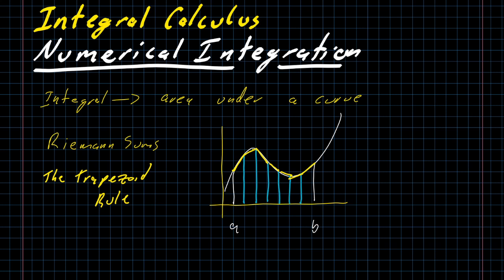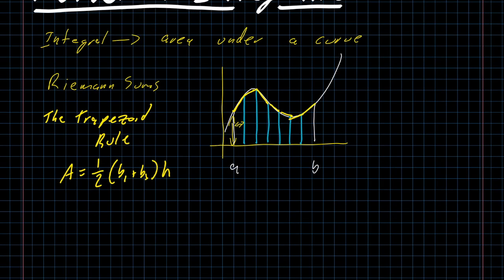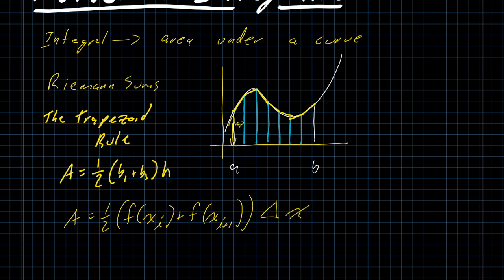And the area of a trapezoid is 1/2 b1 plus b2 times h, where in this case h is going to be measured that way, and b1 and b2 are going to be measured this way, so it would be 1/2 f of xi plus f of xi plus 1 times delta x.